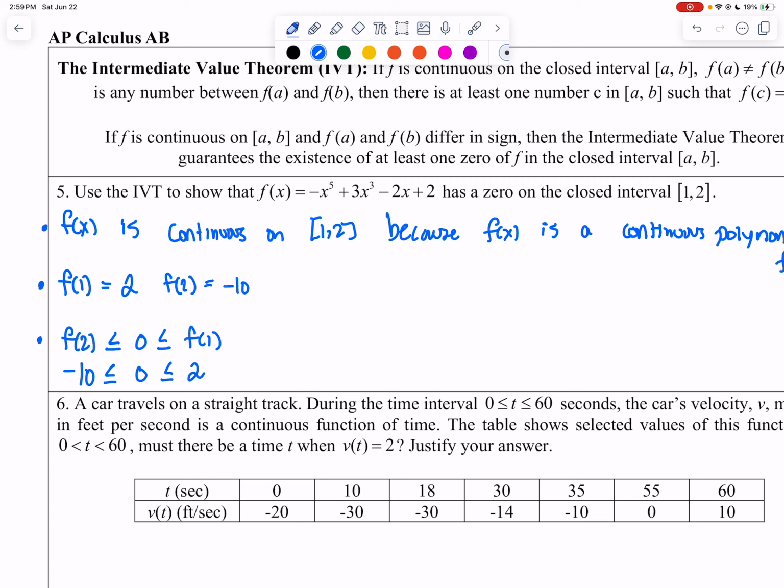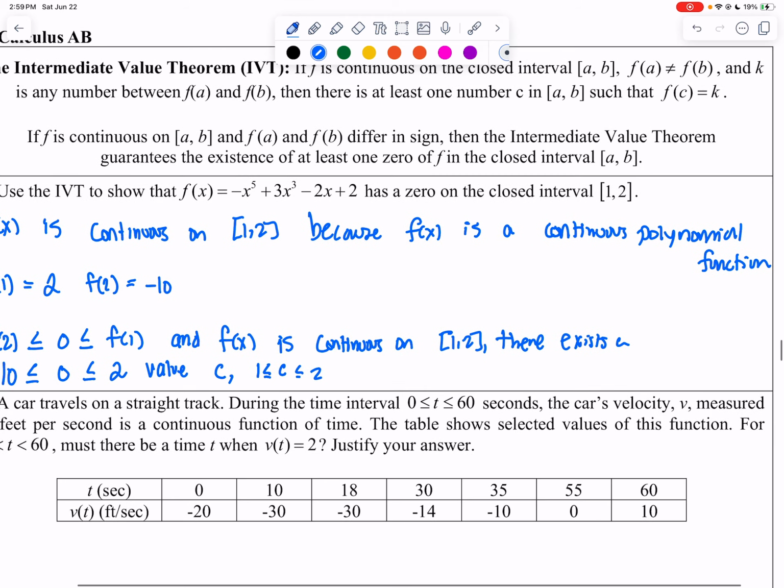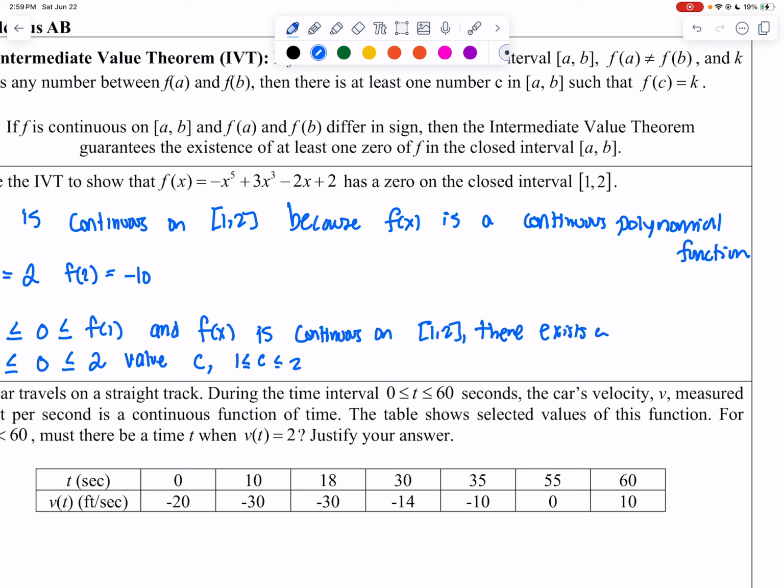So because that's true, and f of x is continuous on 1 to 2, there exists a value c such that c is between 1 and 2, obviously it can't be 1 and it can't be 2, such that f of c is equal to 0 by the intermediate value theorem.